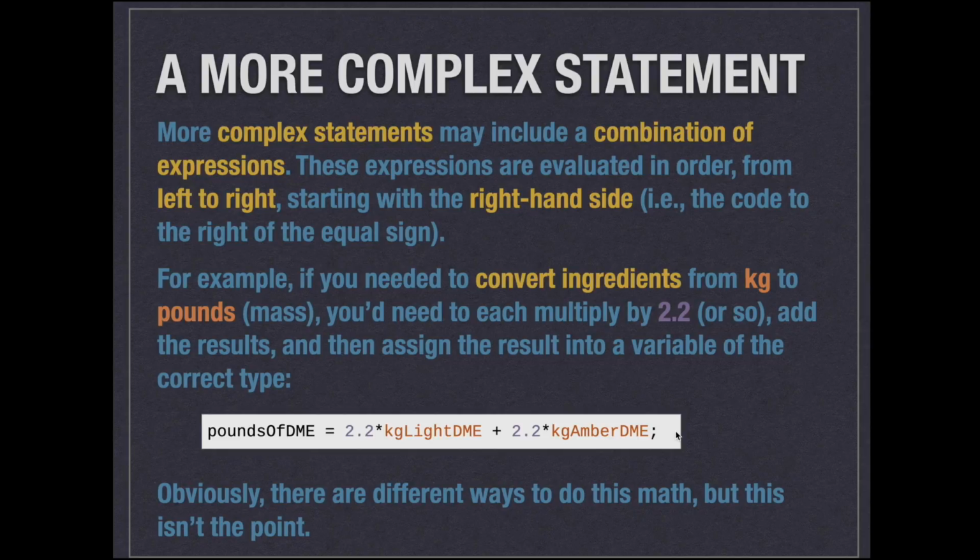The difference will just be learning Java's little quirks about syntax and also just refreshing your memory about how statements like this get evaluated. But in concept, this is just a little bit of math that says, hey, multiply these two variables by 2.2, add them together, and then take that result and store it in the variable pounds of DME. That way later in the program I can use pounds of DME and not have to do this math.